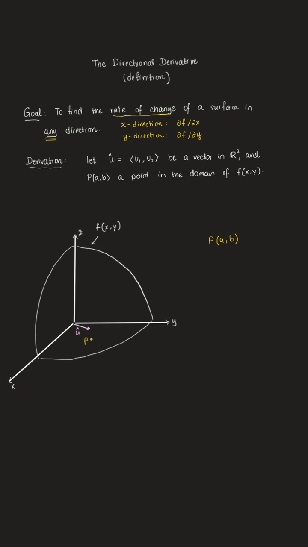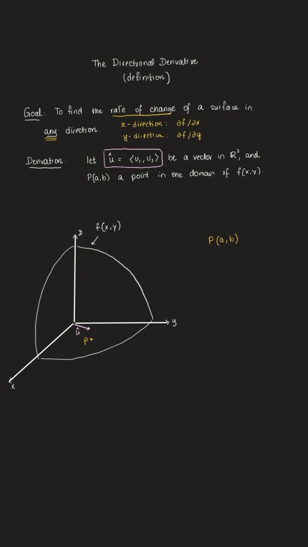So to do this, we are going to specify a unit vector in R2 on the xy plane. That's the pink vector that I've drawn in the diagram. And let's let that unit vector have components u1, u2. So there's our unit vector with components u1, u2.